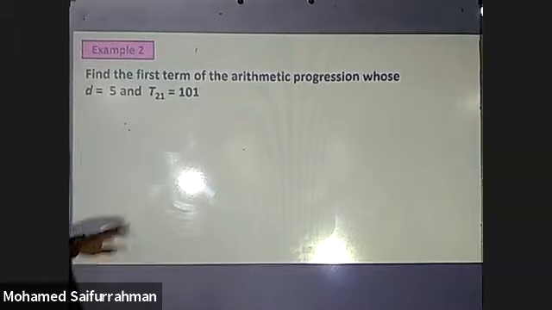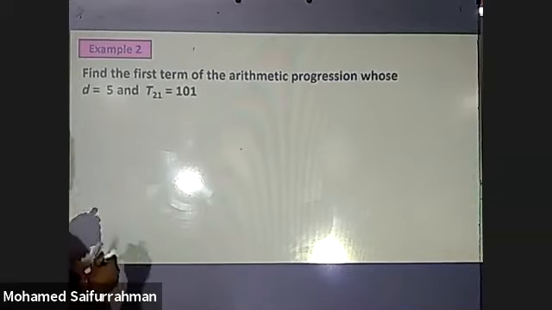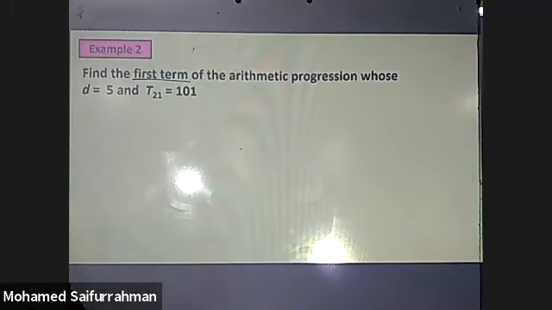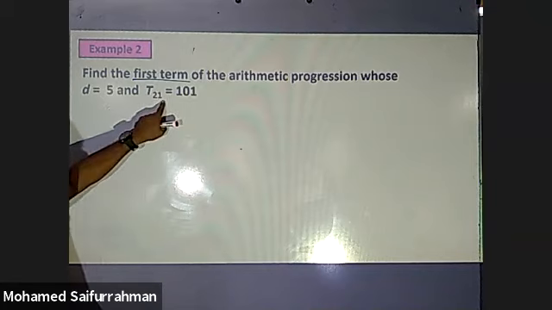Okay. Example number 2. Find the first term of the arithmetic progression whose D equals 5 and T21, the 21st term, is 101.